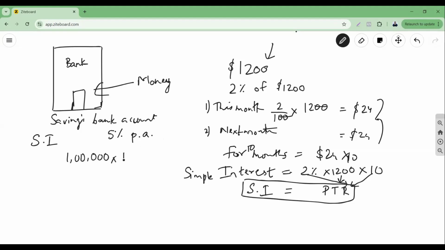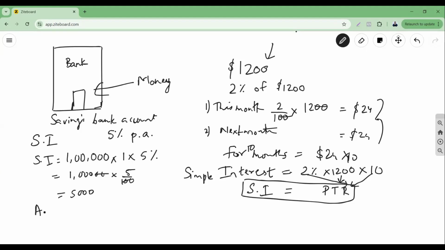The time period is 1 and the rate of interest is 5%. So the bank is going to give you simple interest, the extra amount, of 1 lakh multiplied by 5%. That will be 5,000.